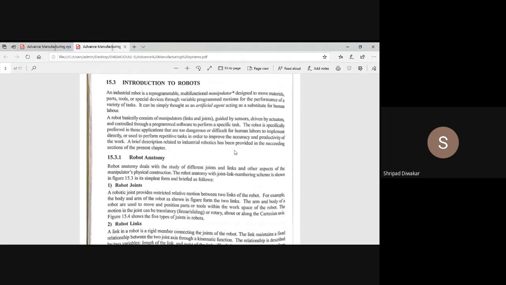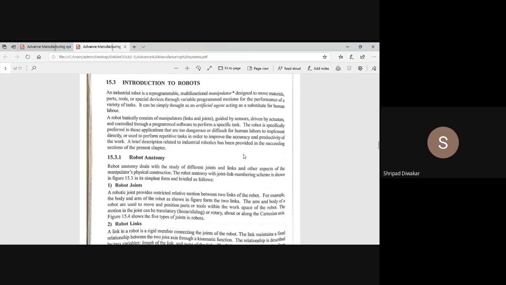First you should know the definition. It is a reprogrammable, multifunctional manipulator which is designed to move the materials from one part to another, to move the parts, to move the tools from one place to another, or to move special devices through programmed motion. Once again, programs play an important role in robotics for the performance of a variety of tasks.